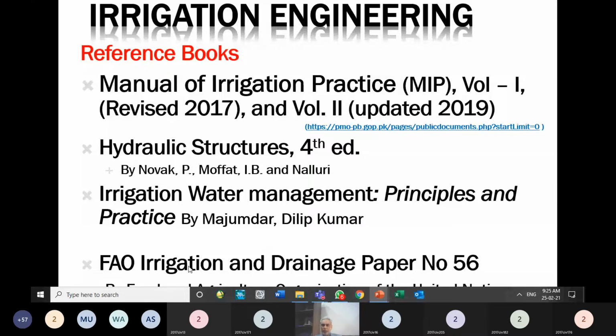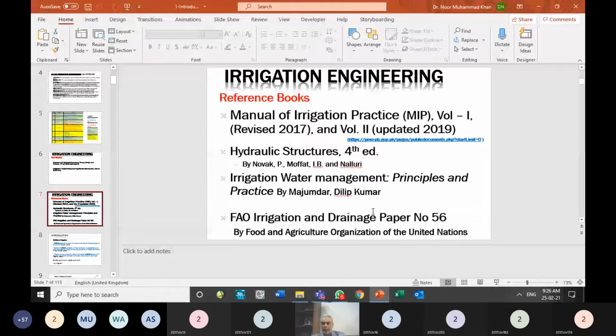One of their research papers is called Irrigation and Drainage Paper number 56. This is about calculation of the crop water requirement for agriculture purposes.